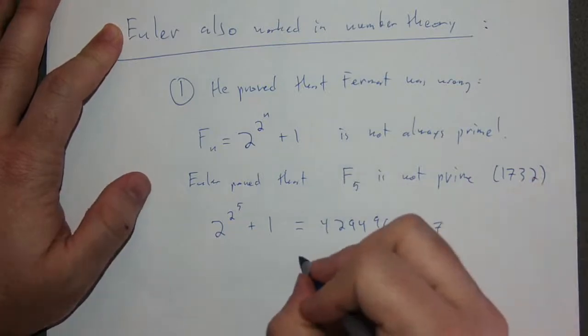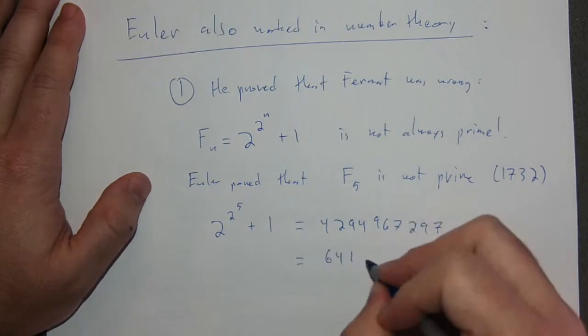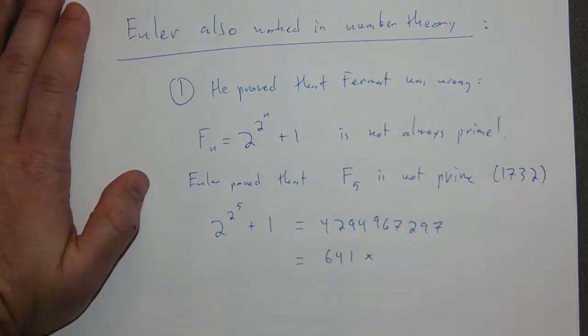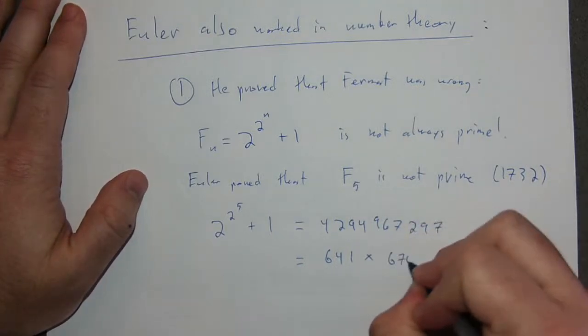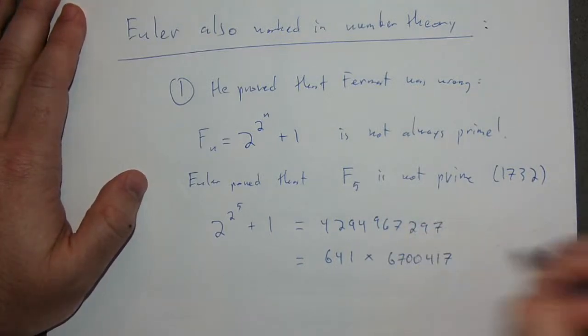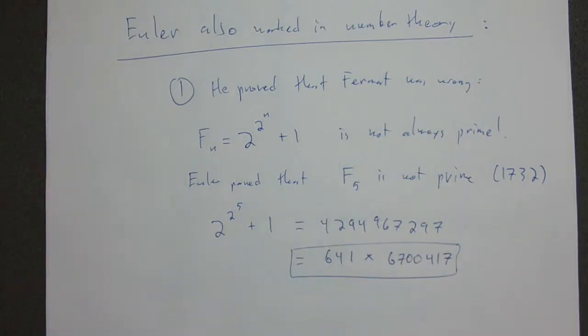And Euler found that this was just 641 times 6,700,417. So Euler found this factorization. So the fifth Fermat number is not prime. So Fermat was wrong. They're not always prime.